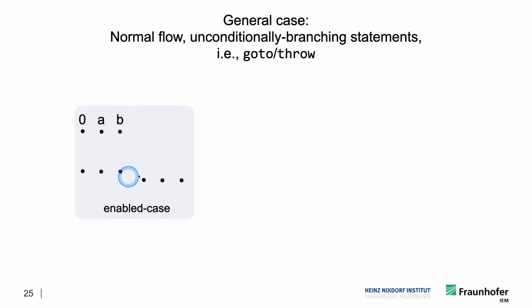And this means in the enabled case, if this is your branch target, so the target that you go to or throw to, then basically your data flows have to be connected here, right? So if this statement is again guarded by F, then your data flows have to reach here.